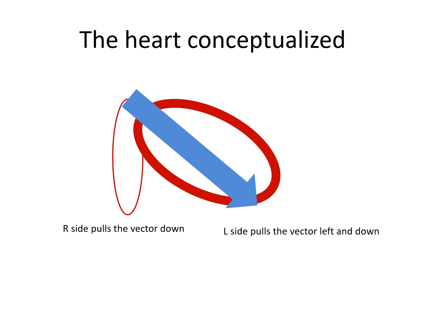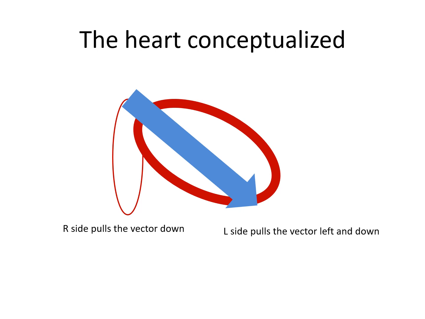Well, remember that the vectors of depolarization are simply a reflection of where the muscle mass is and how the charge within the muscle mass is changing. So if we look at the LV, which is pointing kind of diagonally leftwards and down, that is going to be the overall vector of depolarization of the LV. And if we look at the RV, we said it's pointing almost vertically downwards. So the overall vector of depolarization is going to be essentially down.